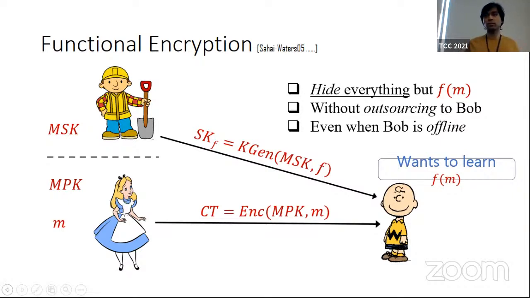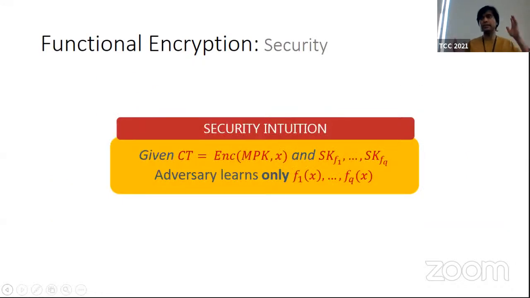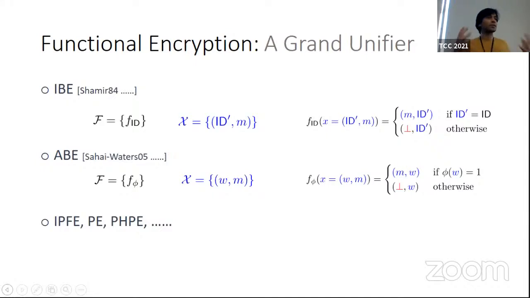And functional encryption lets us solve this problem. The intuition behind functional encryption is that given a ciphertext that encrypts some data X and polynomially many secret keys, all the user can learn, by running the decryption algorithm, is the evaluation of the functions on that particular secret value X. Now, functional encryption has been a grand unifier and has been able to unify existing encryption functionalities, such as identity-based encryption, attribute-based encryption, inner product functional encryption, and much more.